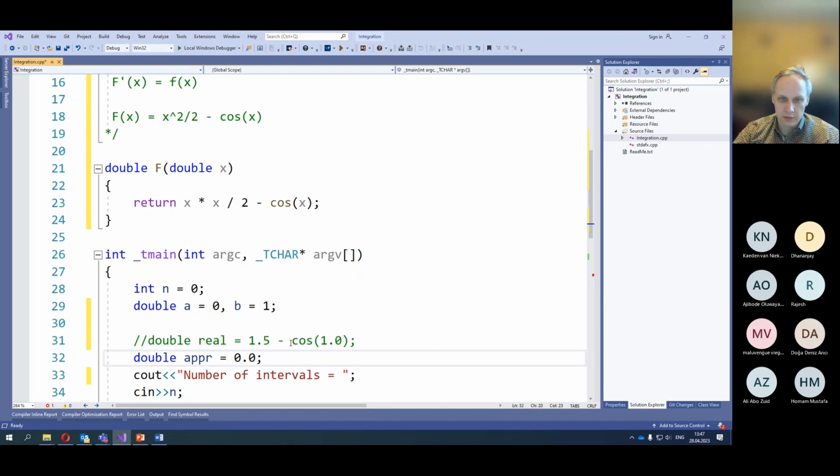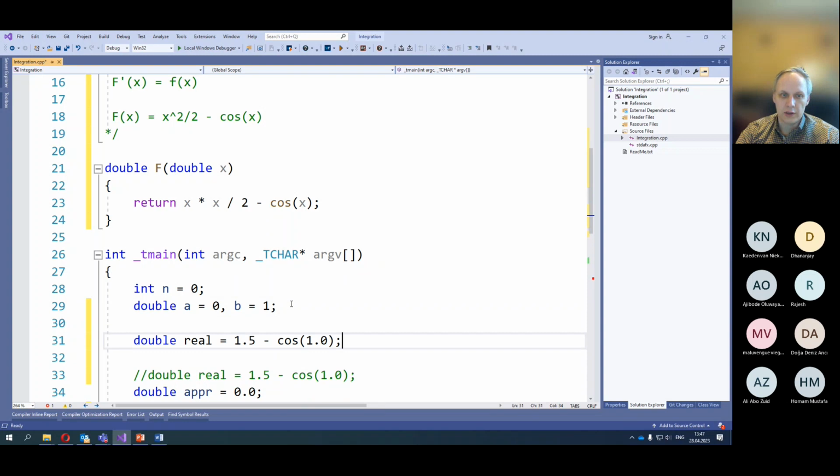I've put the final result, but I can find it using the antiderivative. It will be F of b minus F of a.